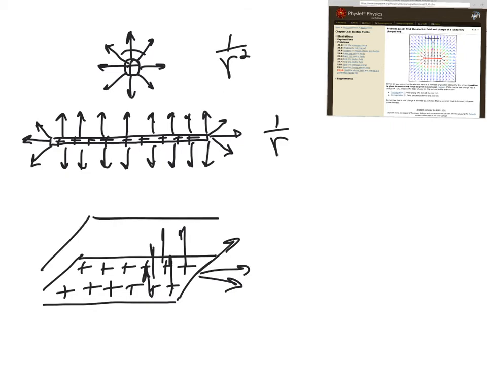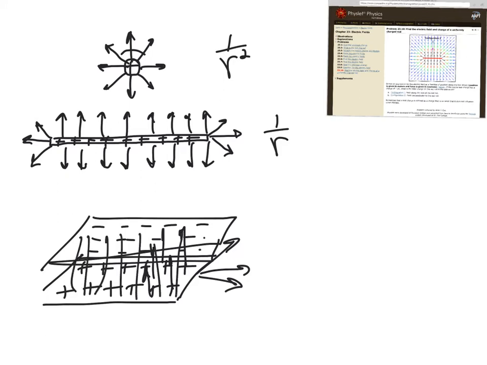So if you take an upper plate, which is negative, this is a little hard to picture, and a lower plate, which is positive, the field lines are going to all go uniformly from the lower plate to the upper plate and only kind of bend around at the edges.